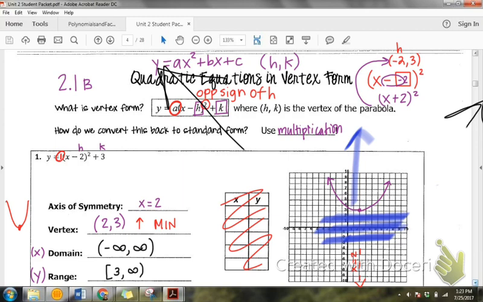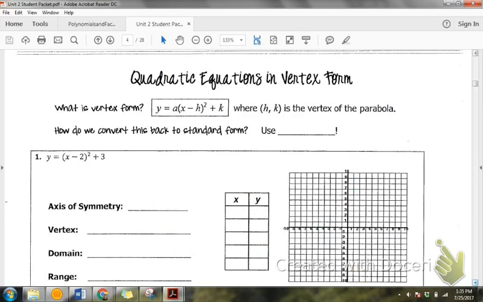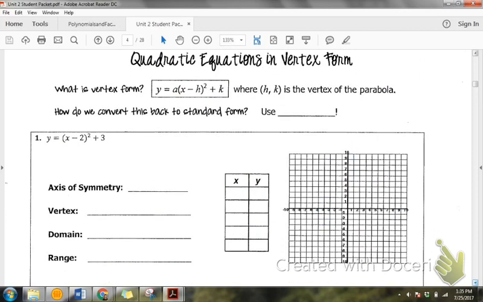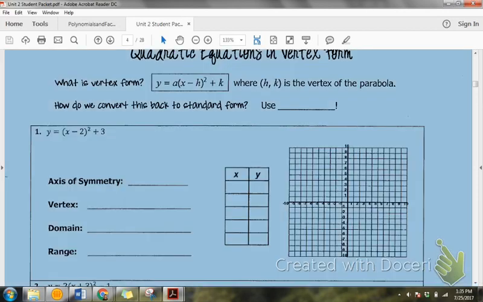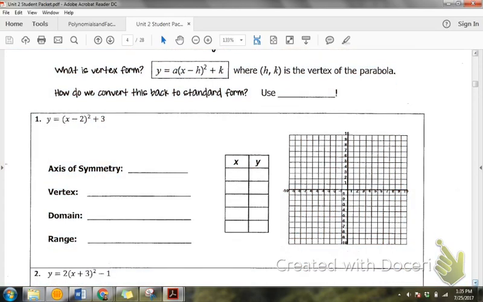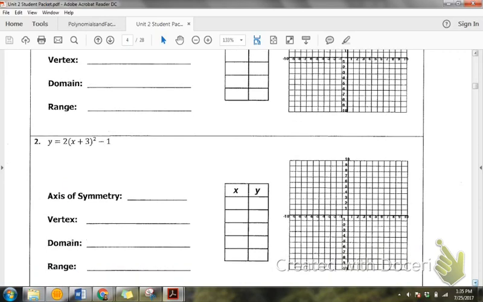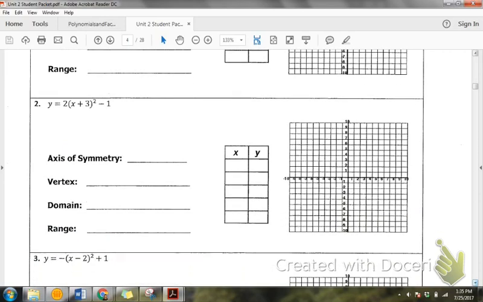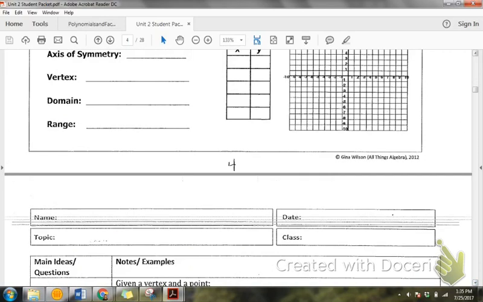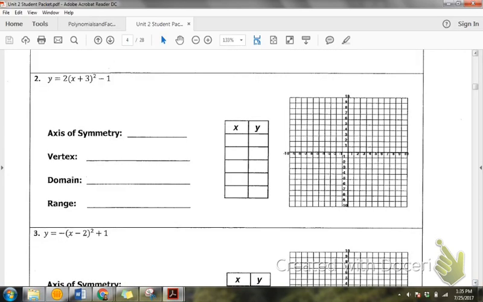Okay, let's find the vertex of example 2. So remember, you just have to look at it. We don't even have to do any math here. You're just looking at it. Is it going to be positive 3 or negative 3? Negative. Good. Negative 3.